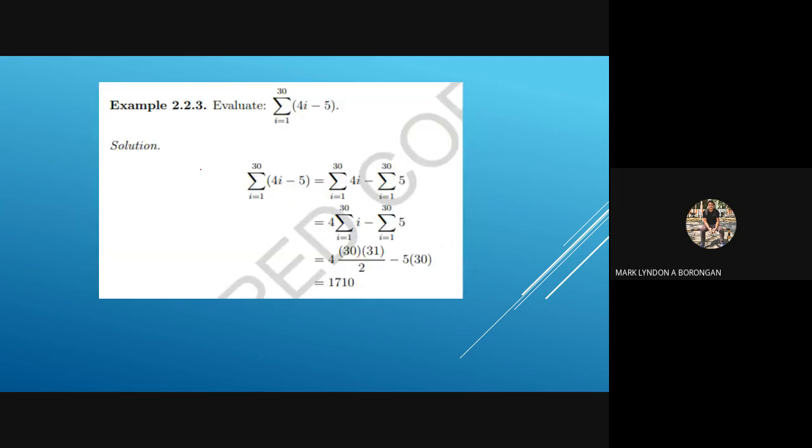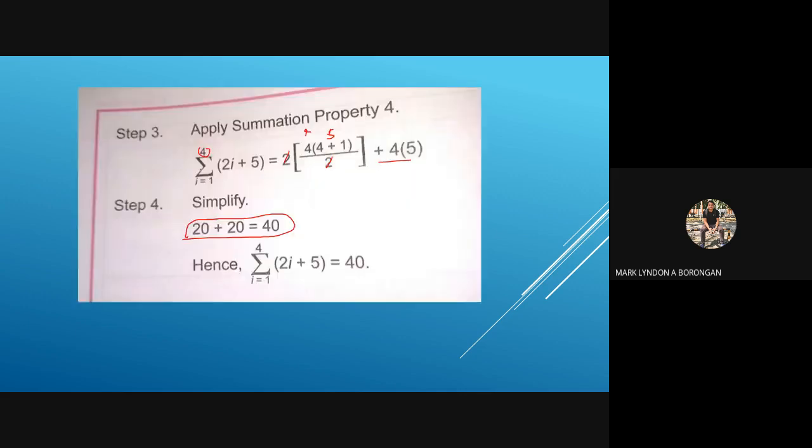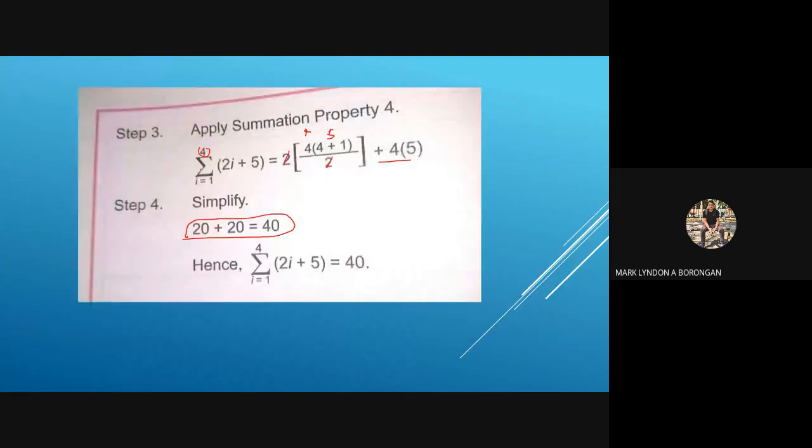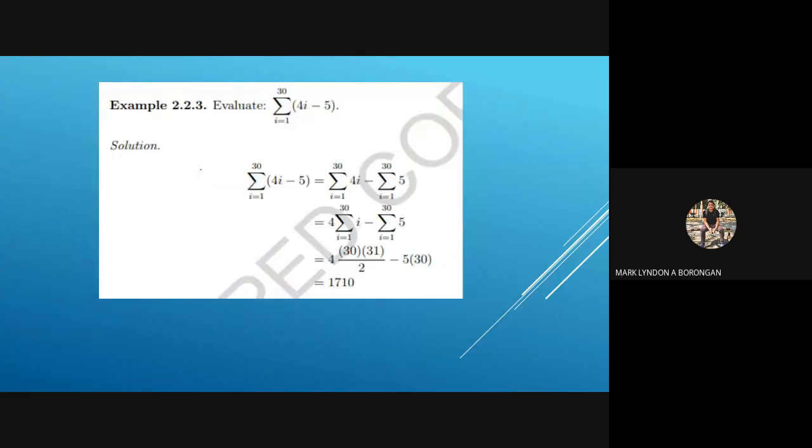Last example, same thing. What I mean, guys, is that this fourth property is very useful when the number is big. For example, the summation of 4i minus 50 from 1 up to 30.